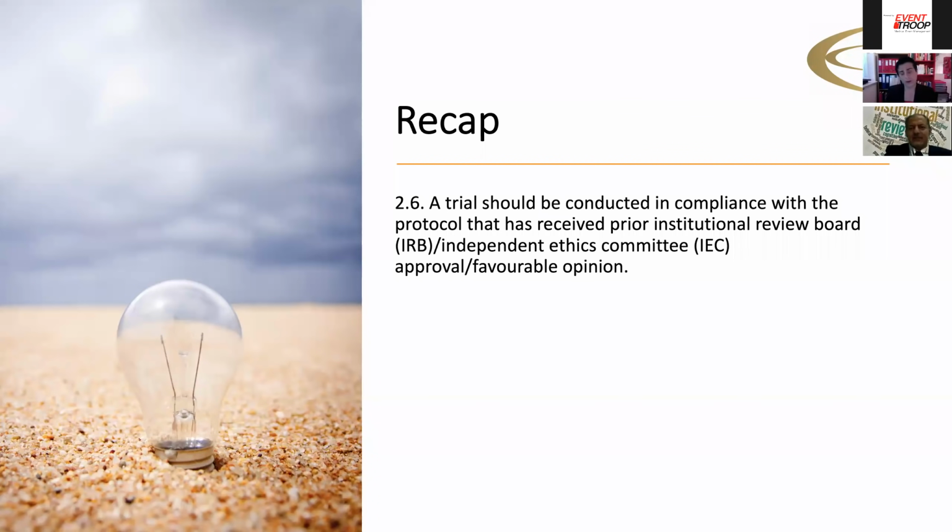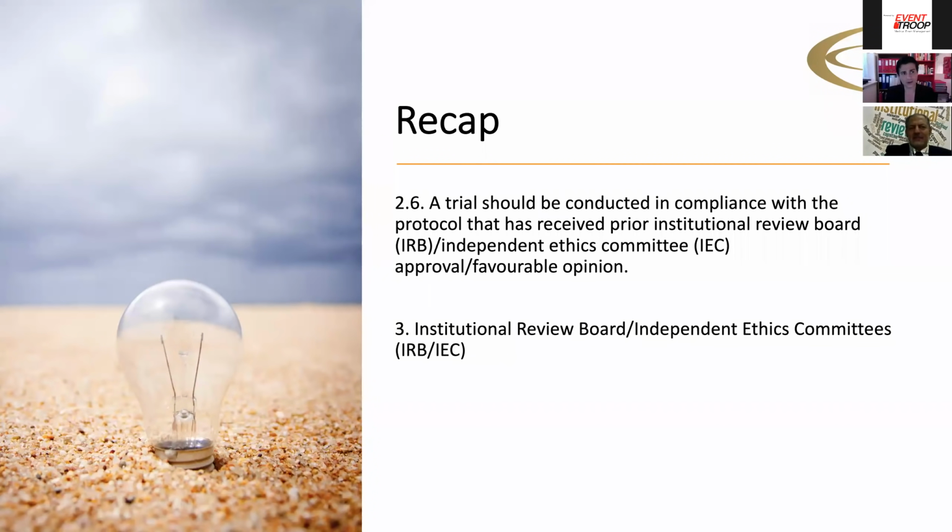And then if you remember yesterday, I told you the ICH guidelines were made up of 8 sections, from 1 all the way to number 8, and they talked about different roles. They talked about the role of the investigator, the role of the sponsor, and the third group was the role of the IRBs and IECs. And that was section 3.